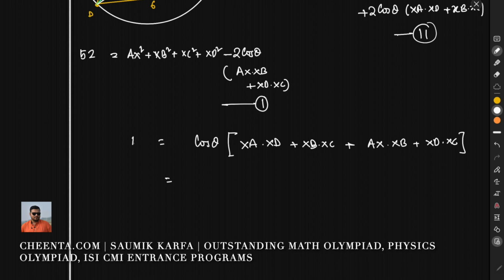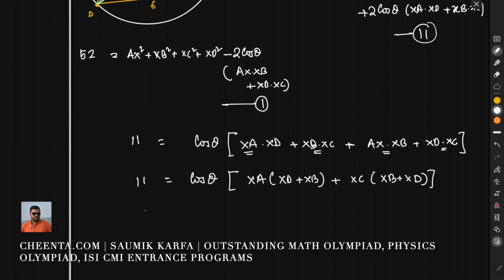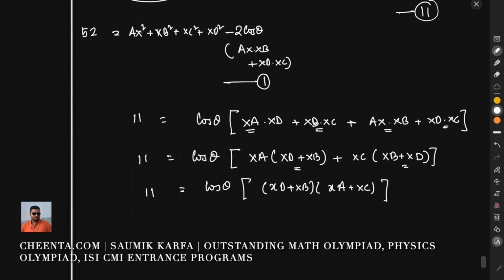We can cancel out 2 from each side, so this becomes 11 equals cos theta times, if we take XA common from these two, we get XD plus XB, plus if we take XC common from these two, we get XB plus XD again. So let's take XB plus XD common and we get XD plus XB times XA plus XC, and that is equal to 11.